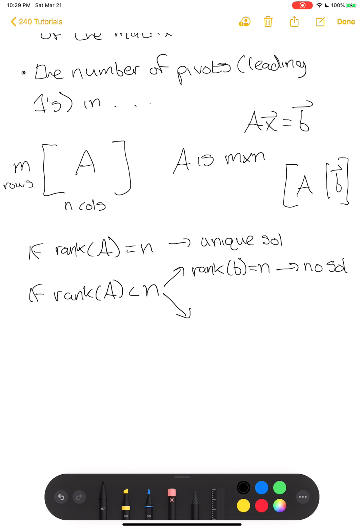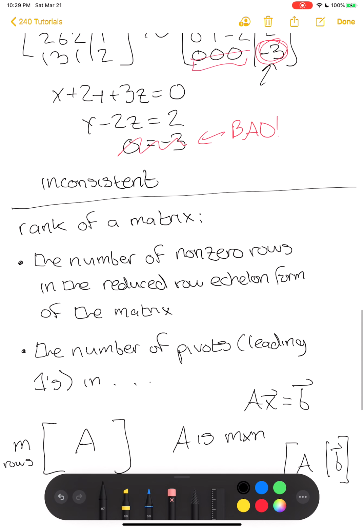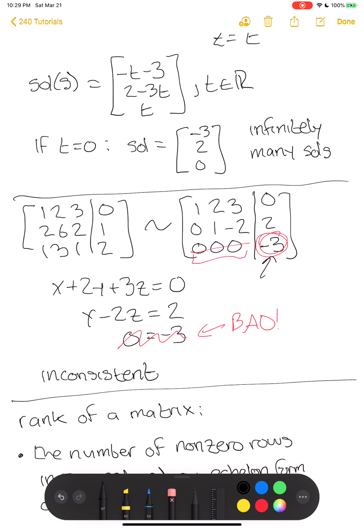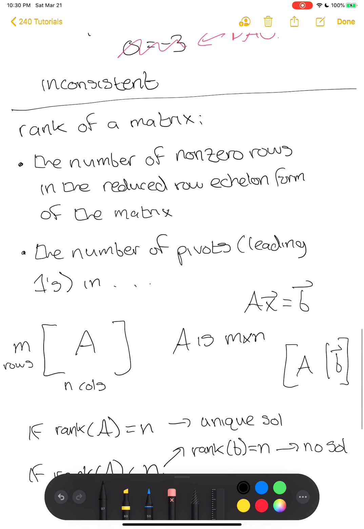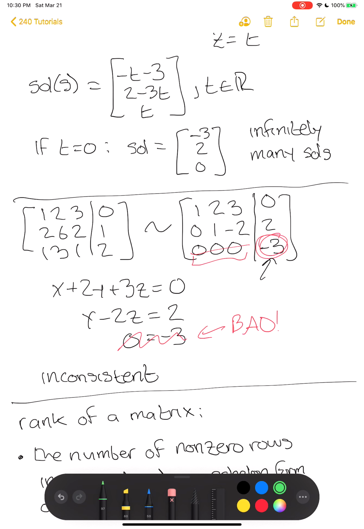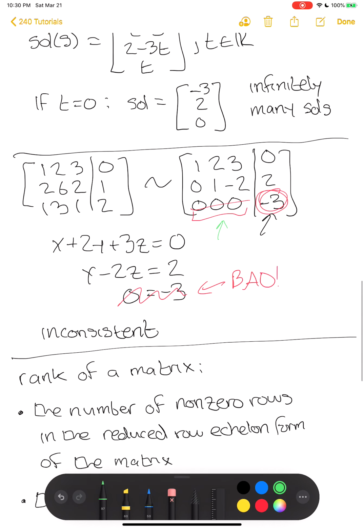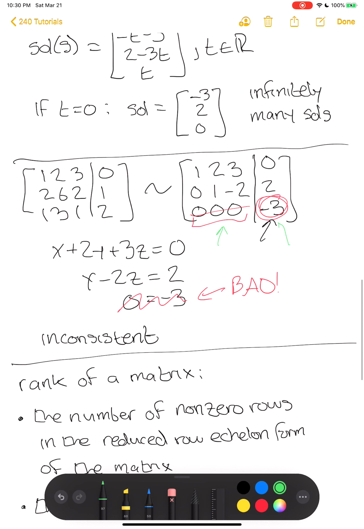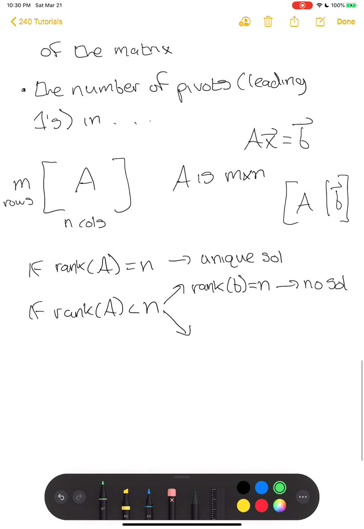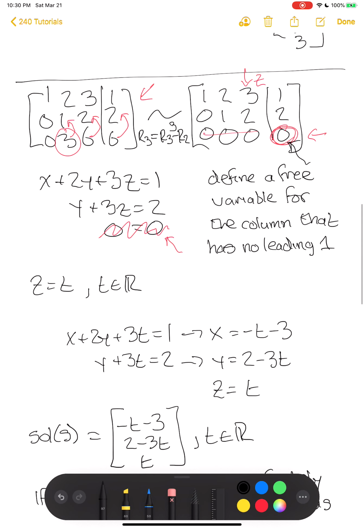So that means that if I have rank of A less than n, which means I have a 0 row in my matrix A, this one here, but I don't have a 0 in that same spot here, then I will have no solution. However, if my rank of B is less than n, then I can have a 0 in that spot down there, and I have no problem.